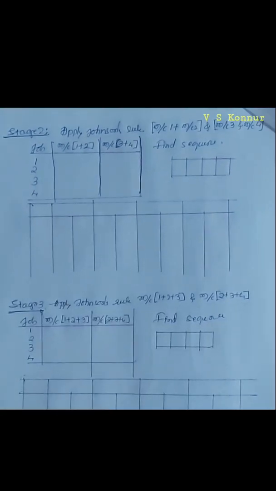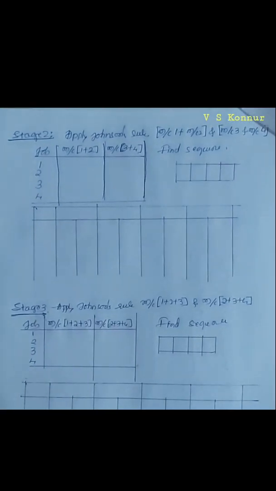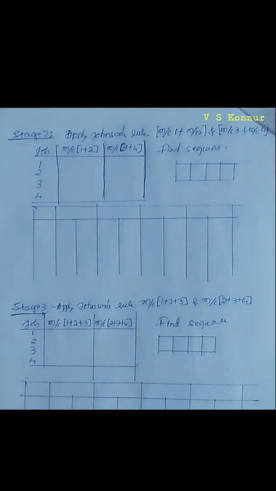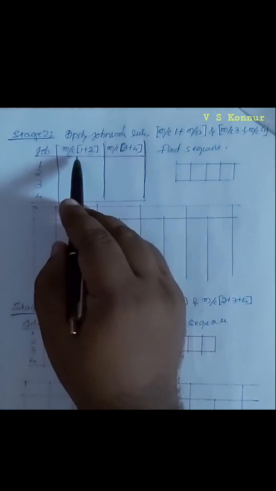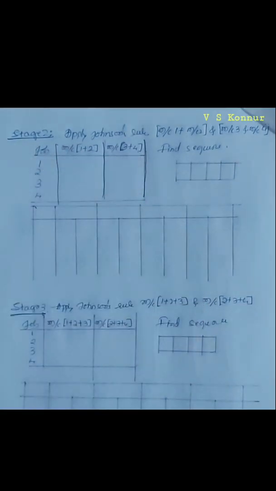Applying Johnson's rule once again, in this heuristic method, applying Johnson's rule for machines M1 plus M2, M3 plus M4. So M1 plus M2, M3 plus M4 we have to write.